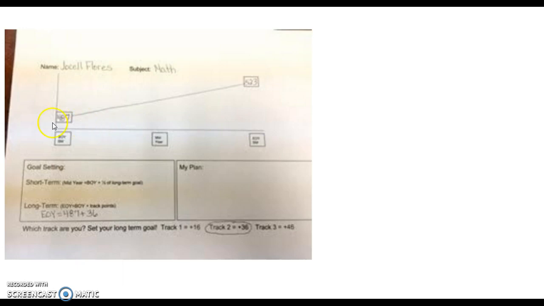And then all she did was connect that line as straight as possible. And we're calling that our aim line, meaning I'm trying to increase my score by the end of the year from 487 all the way to 523.